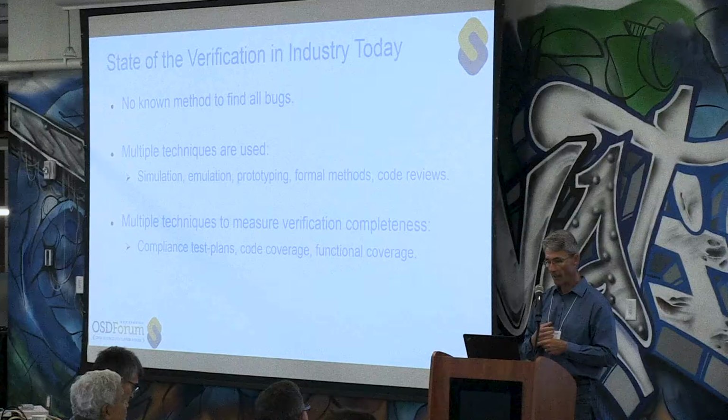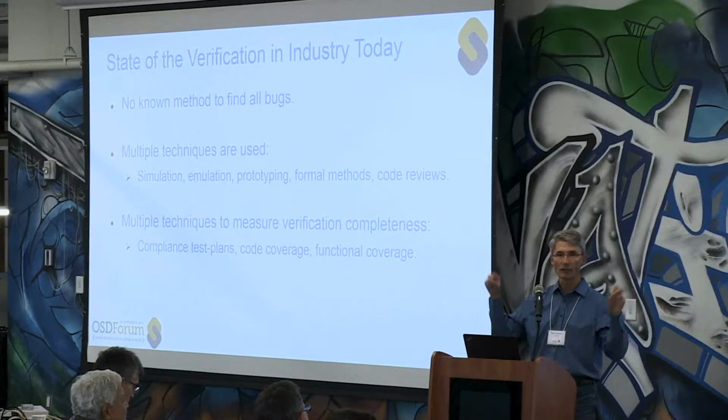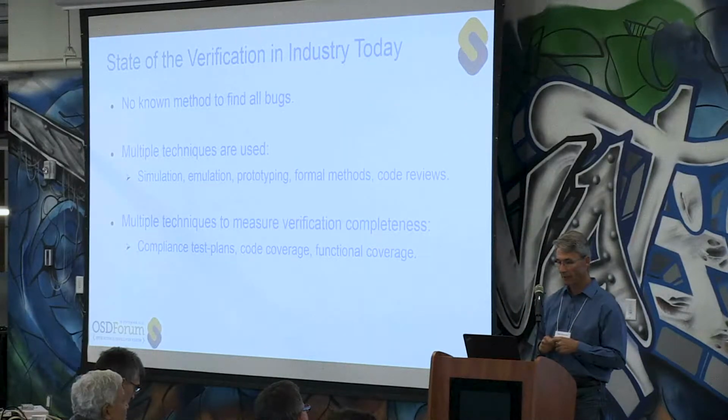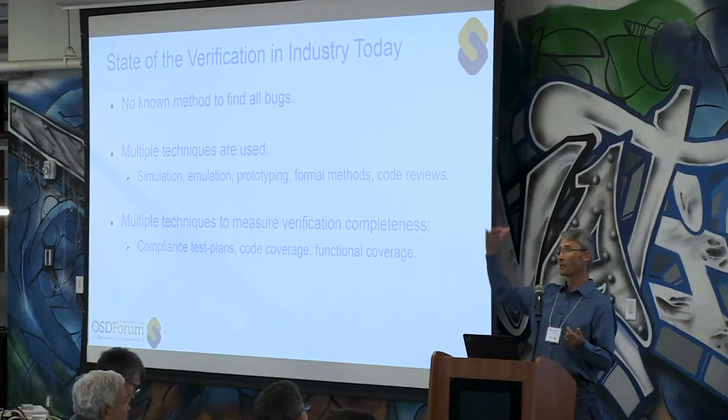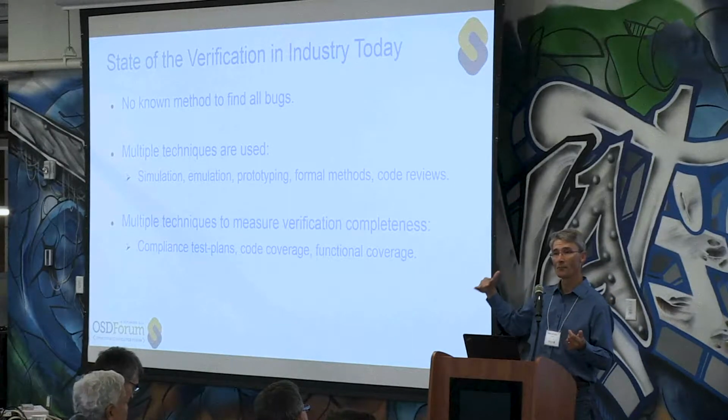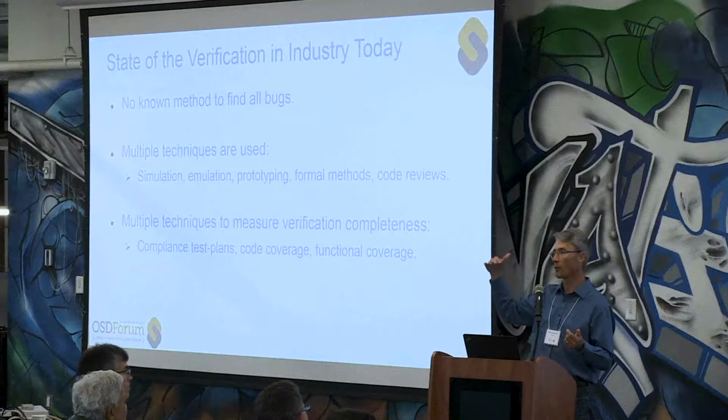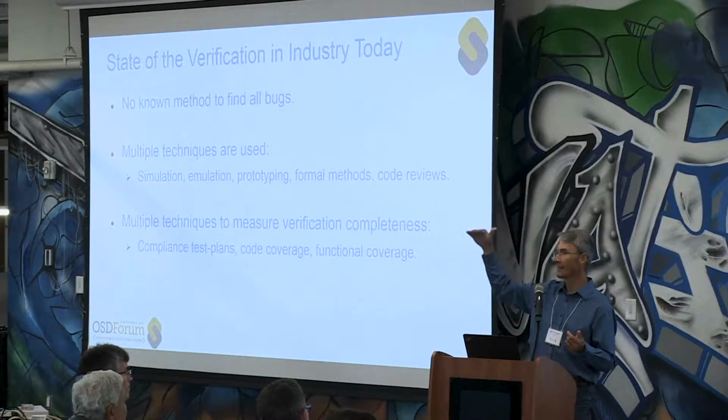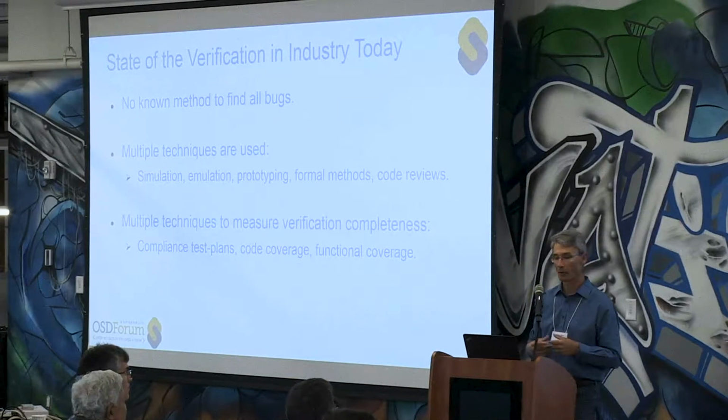One of the things that's very popular and something that's very big with me is using qualitative measurements of verification completeness. This is typically called coverage, and there's lots of different techniques here. Compliance test plans, where you just have a laundry list of features that your device must support, and you just say, yes, I tested that, yes, I tested the next one, so on and so forth, until you've tested them all.